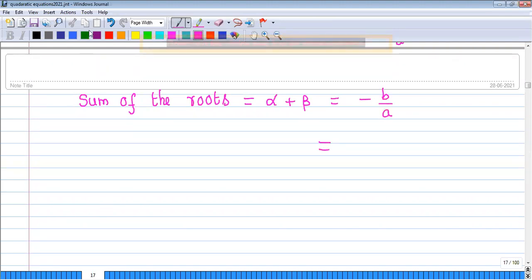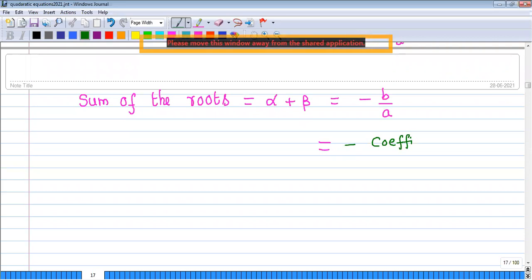For our convenience, we can remember it like this: minus coefficient of x upon coefficient of x square.